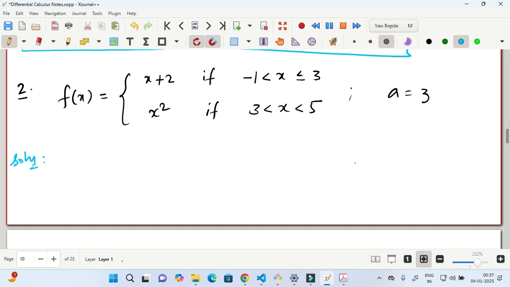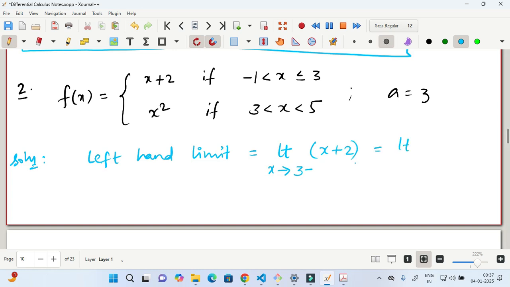Here, left hand limit. Left hand limit is equal to limit x tends to 3 minus of x plus 2.